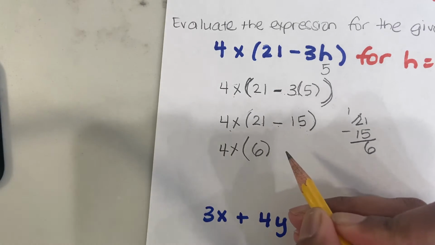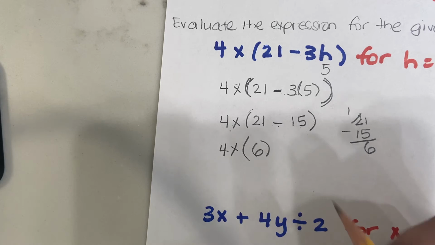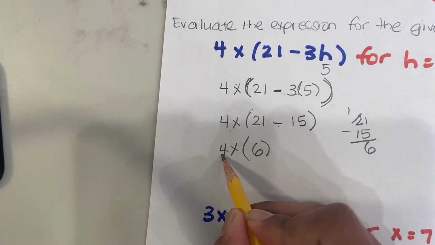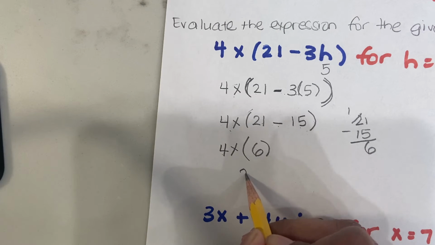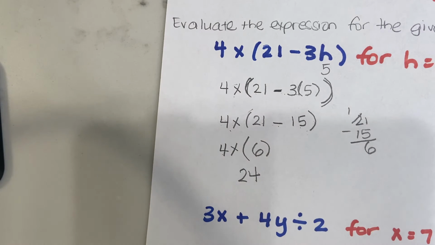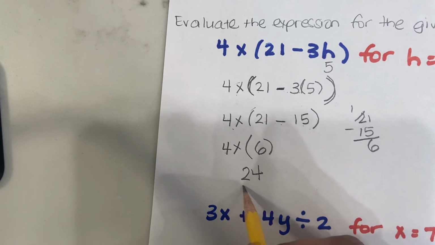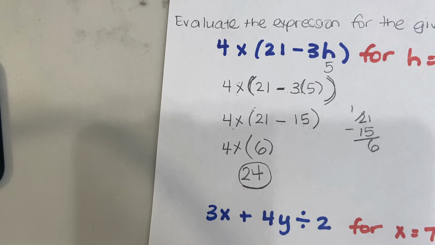Great. So now I have just the operation of multiplication left. I'm going to do that. 4 times 6 is 24. And I have solved or evaluated this expression. My answer is 24.